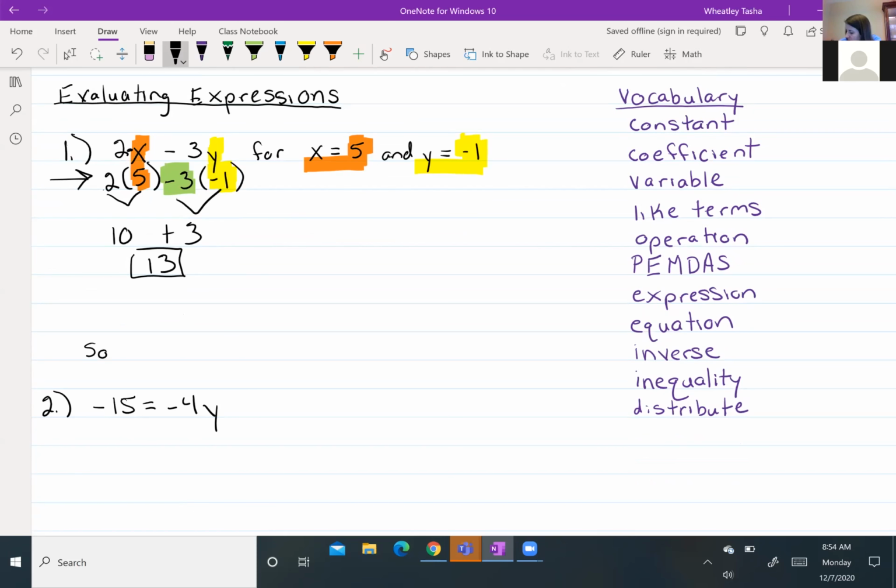This is all going to go into solving equations and inequalities from here on out. I'll give you about a minute and a half to copy and try number 2.